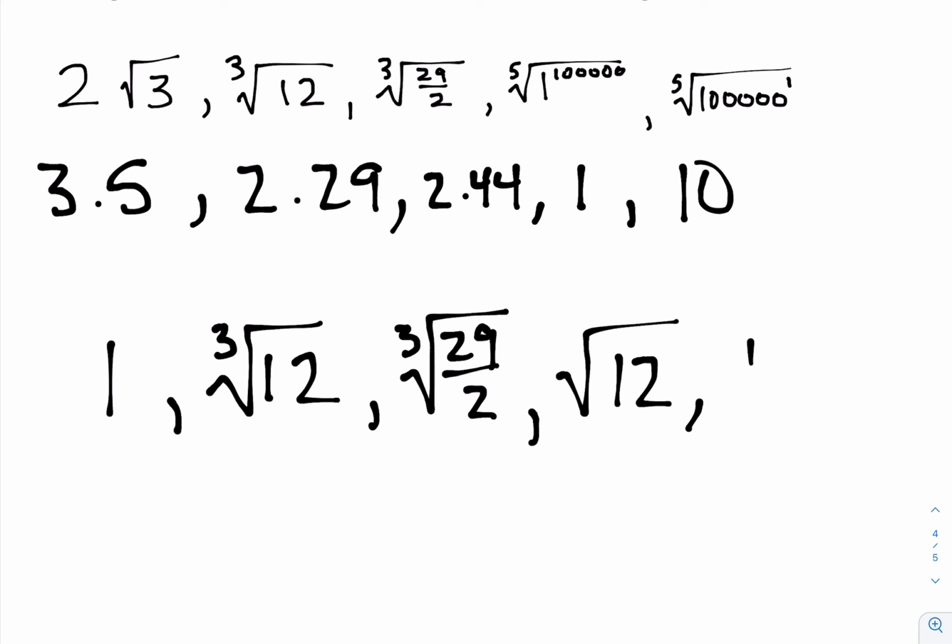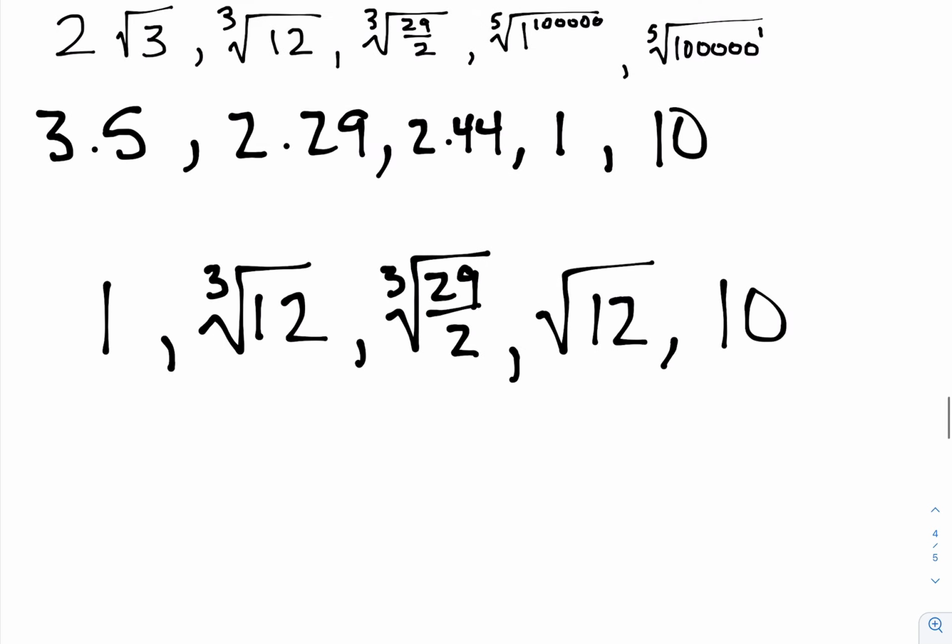I have no idea why I said 5. Okay, because we're taking 10 and multiplying it by itself 5 times. I got mixed up with the index here. So 10 to the power of 5 is 100,000. The 5th root of 10 to the power of 5 is just 10. Okay, just a bit of a mix up there, but we still get the same answer because 10 is ultimately the biggest number out of all of these.